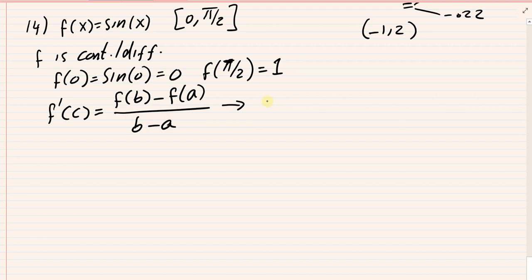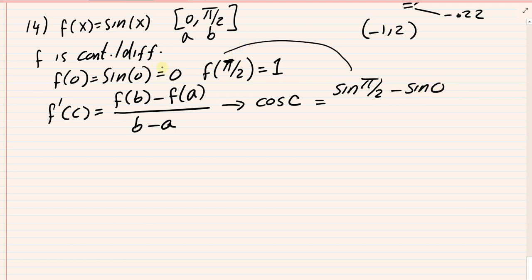F prime, the derivative of sine is cosine, at c is cosine c, equals f at b minus f at a over b minus a. Remember, the lower limit of the interval is a, the upper limit is b. So that's going to be sine of pi over 2 minus sine of 0, which we did here, right? That's why we calculated those. And we have those numbers.